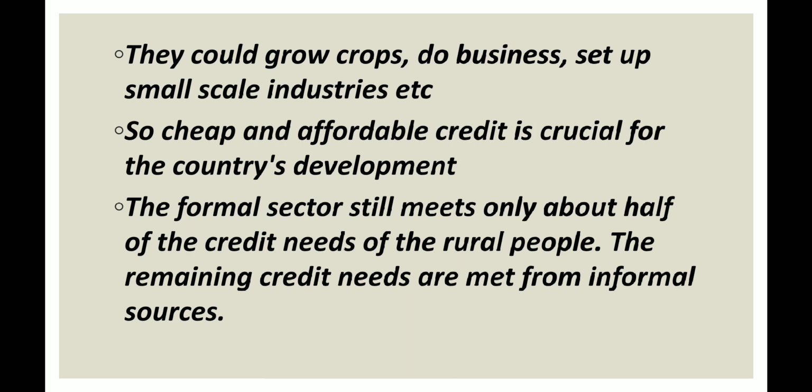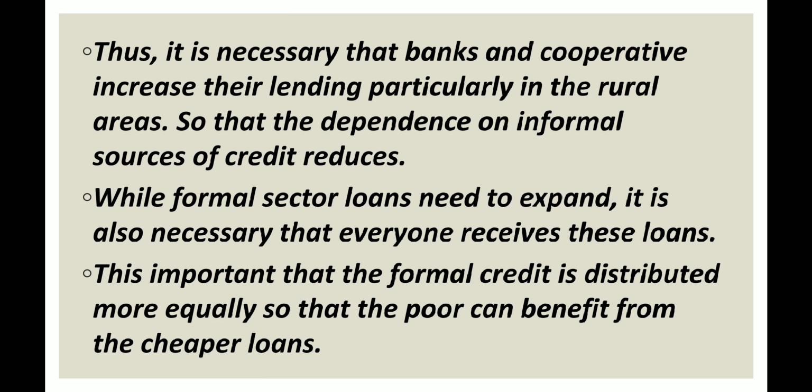The formal sector still meets only about half of the credit needs of the rural people. The remaining credit needs are met from informal sources. Thus, it is necessary that banks and cooperatives increase their lending, particularly in the rural areas, so that the dependence on informal sources of credit reduces.